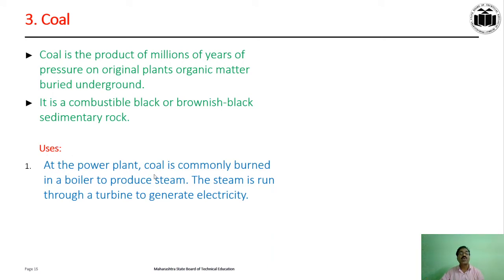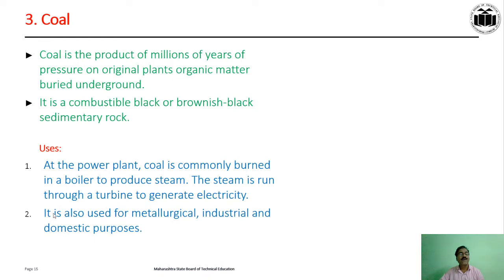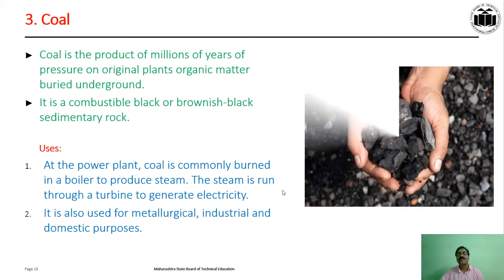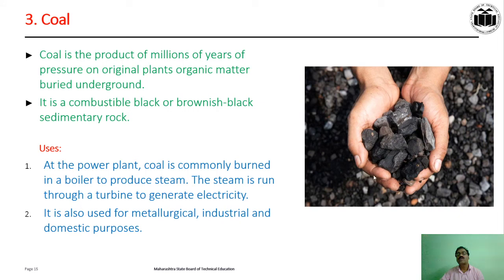At the power plant, coal is commonly burned in a boiler to produce steam, and the steam is run through a turbine to generate electricity. It is also used for metallurgical, industrial, and domestic purposes. This coal is also called the black gold.